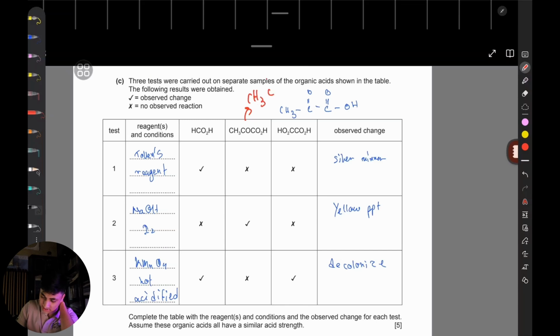CH3, C double bonded to O, C double bonded to O, OH. So there's a ketone group over here, and you have your carboxylic group over here, right? So it's acting as a carboxylic acid, and also has a ketone group over here, a carbonyl group. And you have your ethane dioic acid.